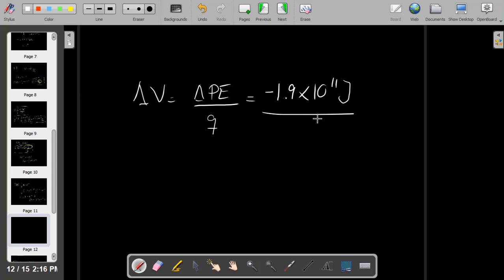The charge was given to me in coulombs, so I don't have to do anything. I just need to place it in there. It's a positive charge. It was a proton. So just copy the information they give you in the problem. Put it all in your calculator, and you should find a change in electric potential of minus 1.2 times 10 to the 8 volts.